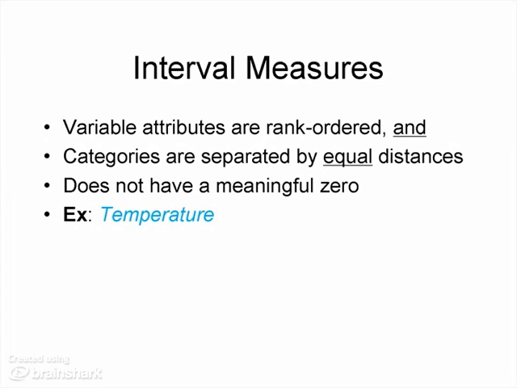However, in interval levels of measurement, there is not a true zero, meaning the absence of an entity. Again, using temperature as an example, a 0 degree temperature does not represent an absence of temperature, so it's not a true zero.